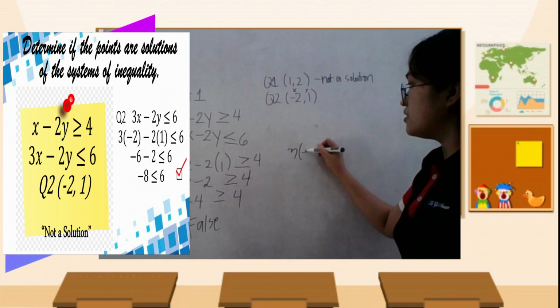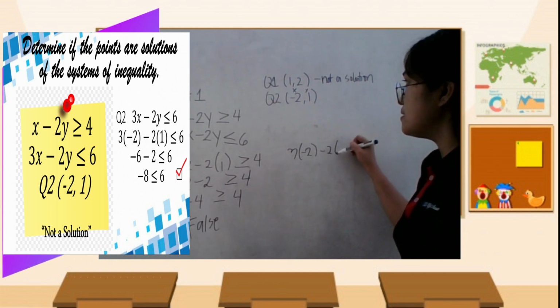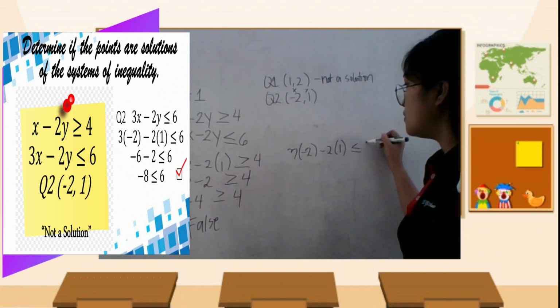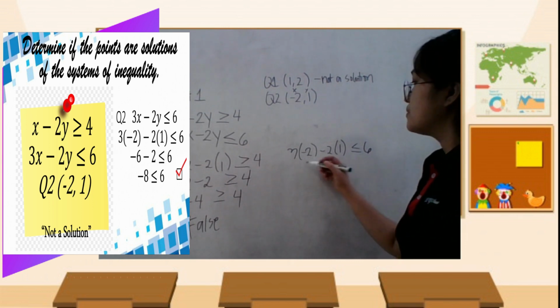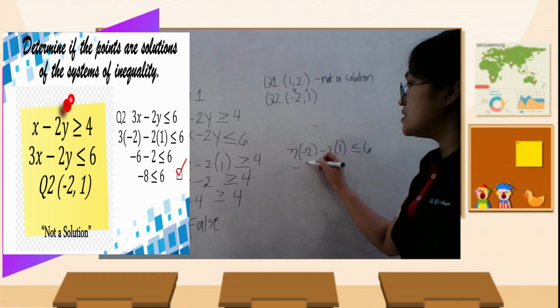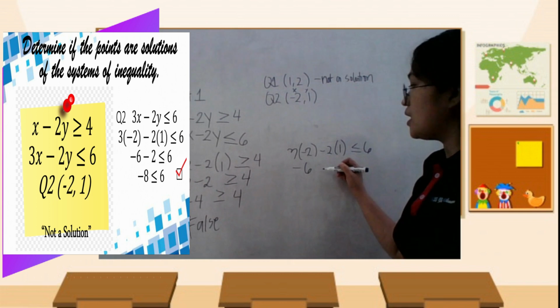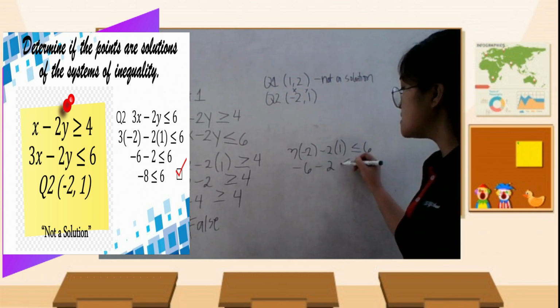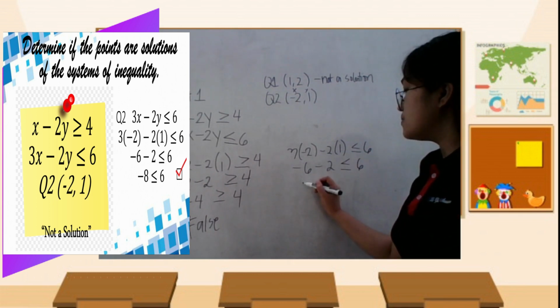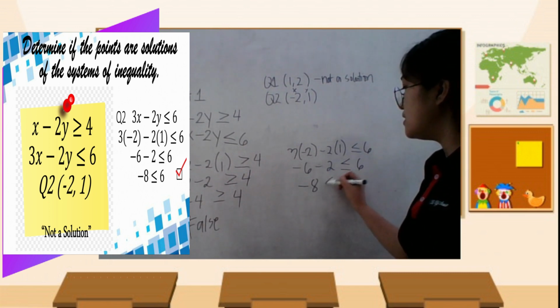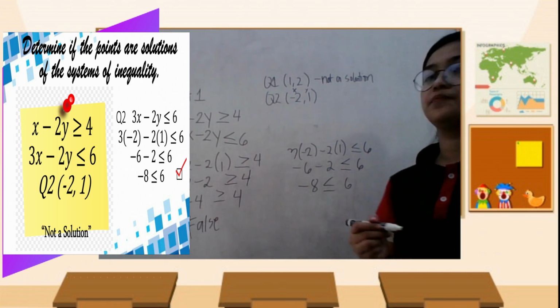How about the other? We have 3 times negative 2 minus 2 times 1 is less than or equal to 6. 3 times negative 2 is negative 6. Negative 2 times 1 is negative 2, less than or equal to 6. Negative 6 minus 2 is negative 8, less than or equal to 6.